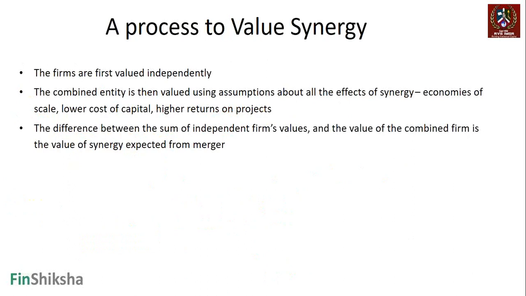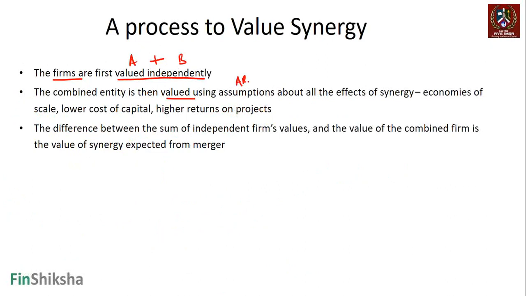Now, how do you value synergy? First, the firms in question, let's say two firms, A and B, will be valued independently, right? You do A and B, and then you find A plus B. For the separate entities, do the detailed valuation, either DCF or relative valuation, whatever. The combined entity is then valued.